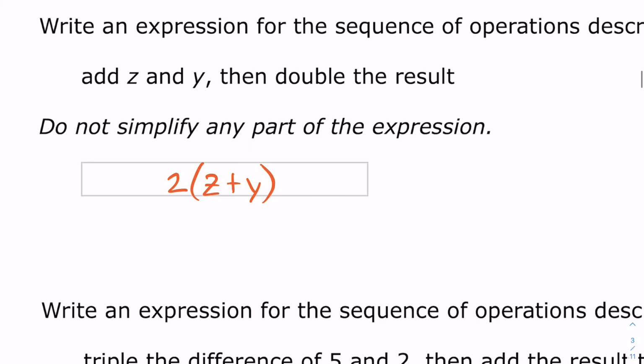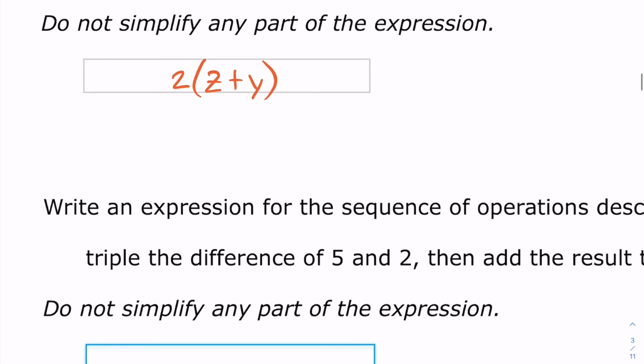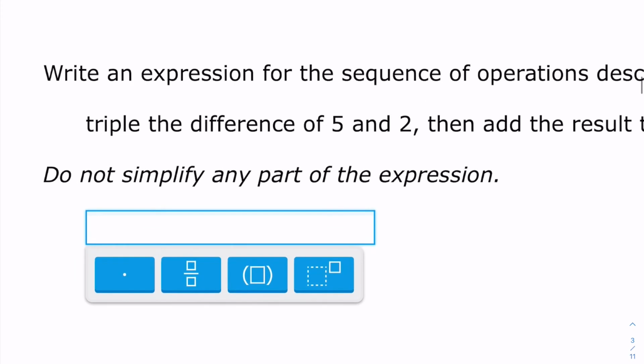Let me make that 2 a little bit better. There we go. My z's, I put the little score through the middle. Let me just clean that z up too. There we go.